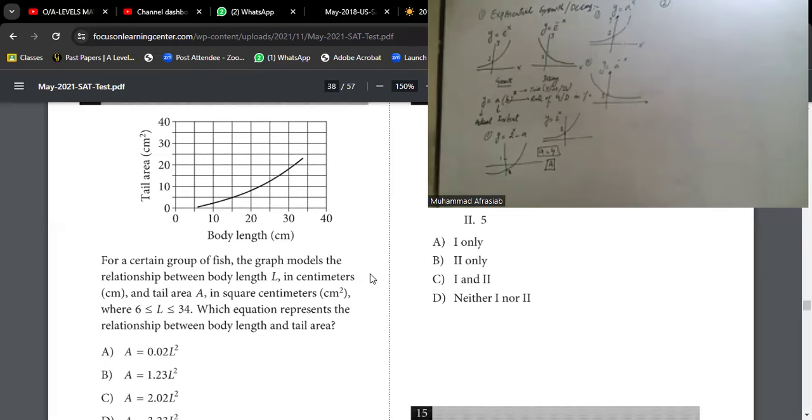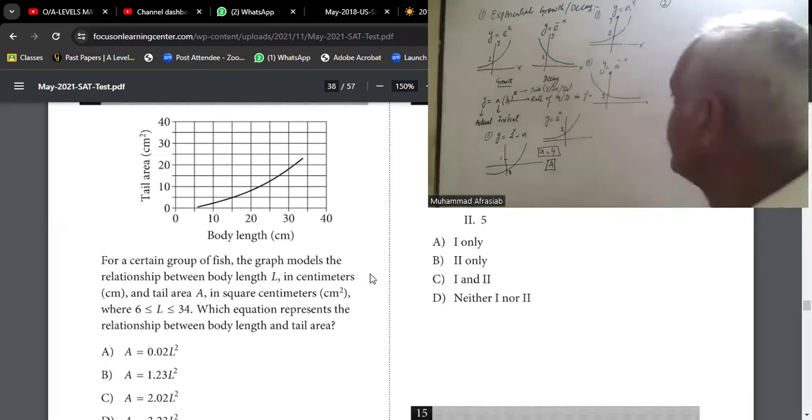So you can even put 6 from that portion. So A is equal to 0.02 L square.